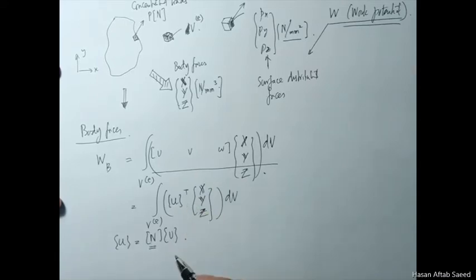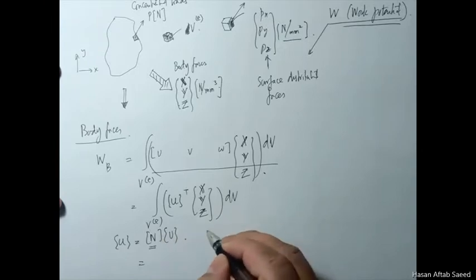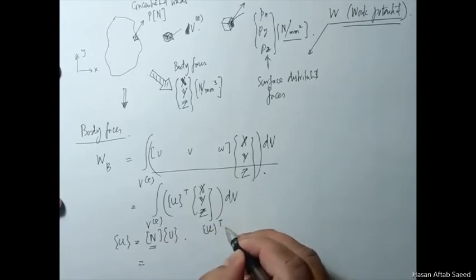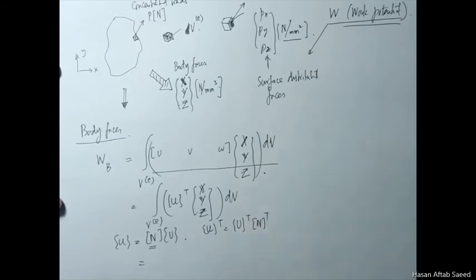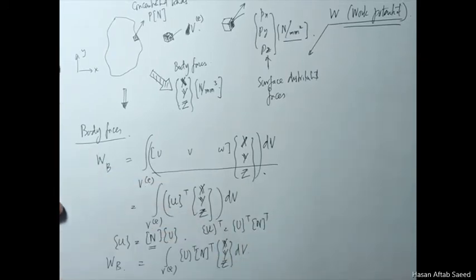So if I put the values here, this u transpose will obviously become U transpose N transpose, and this becomes simply U transpose N transpose times X, Y, Z. This is the expression for work potential originating in body forces.